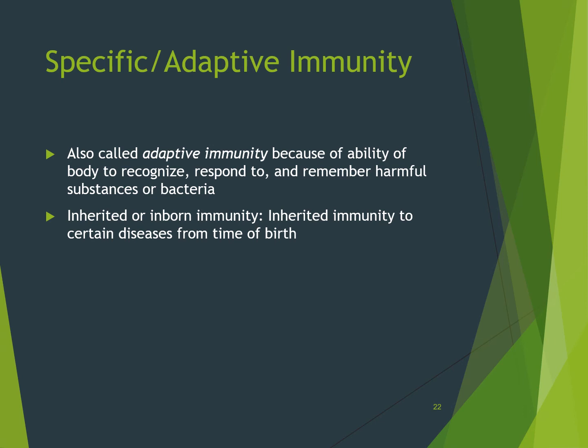It takes a little bit longer of a response time, and there is some developmental processes that have to happen so that the next time we're exposed, it can protect us quickly and adequately against that specific invader. There are two types of adaptive immunity that we're going to talk about, and those are natural and artificial.